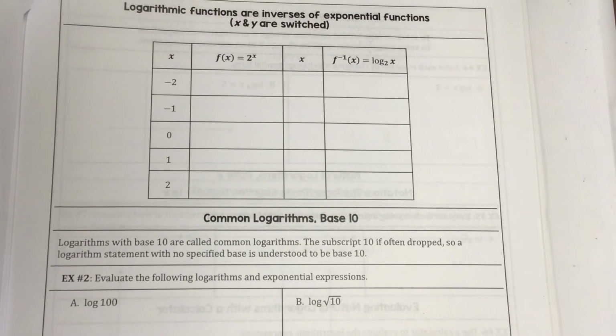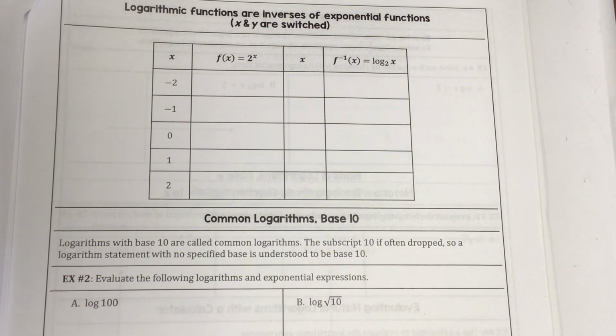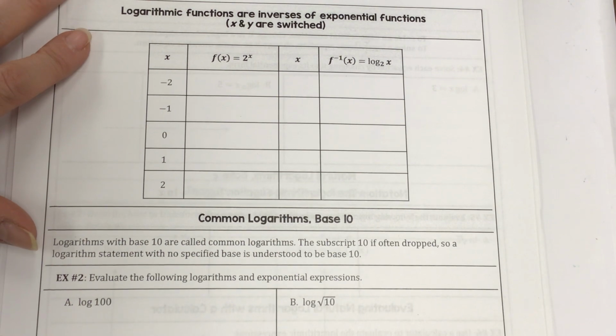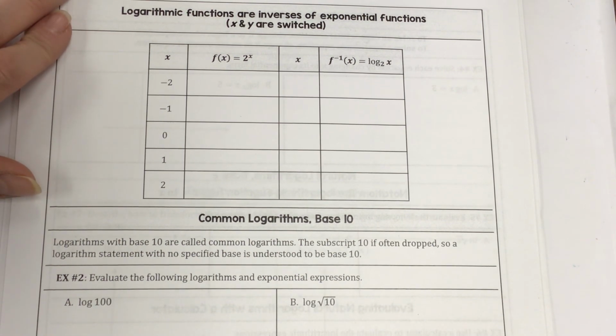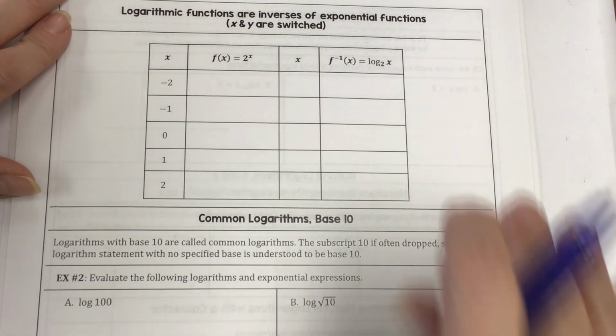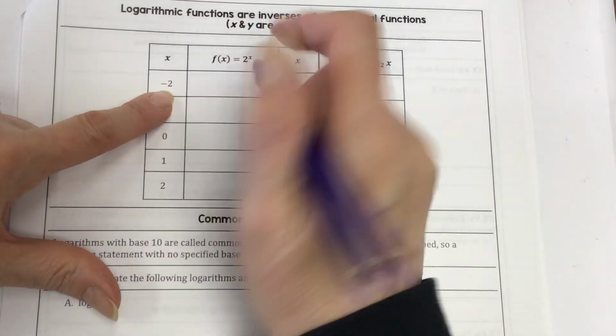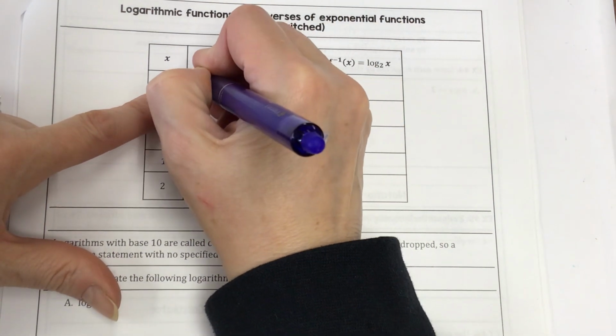Okay, looking at the table here. It says logarithmic functions are inverse functions of exponential functions, meaning the x and the y are switched. So let's look at this table here, and let's look at f of x first. If we replace x with -2, we get 2 to the -2.